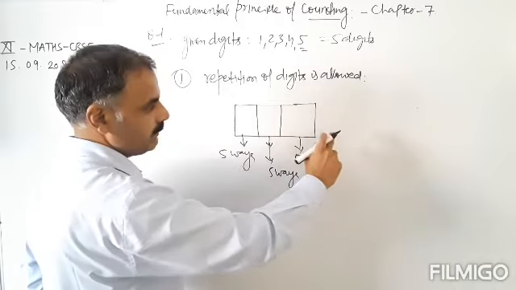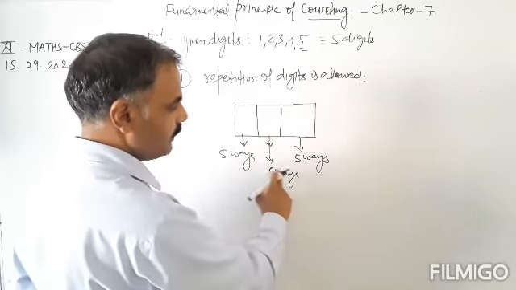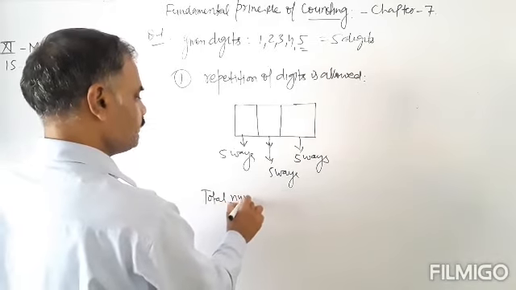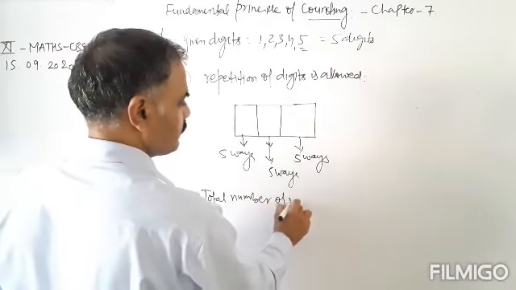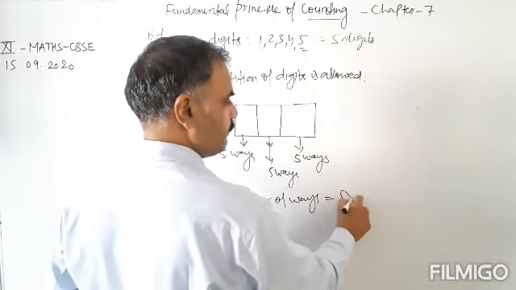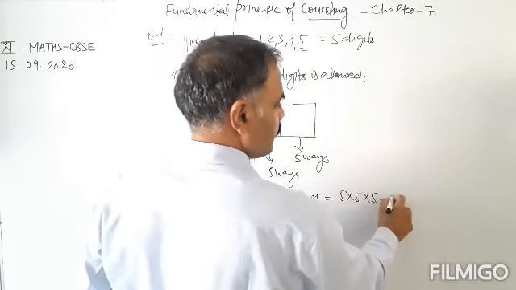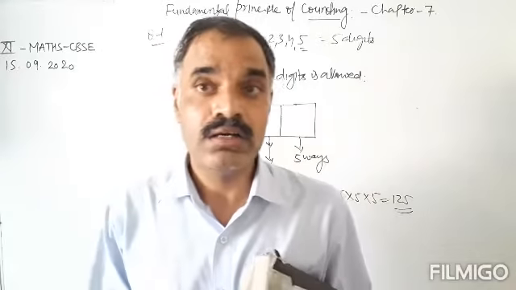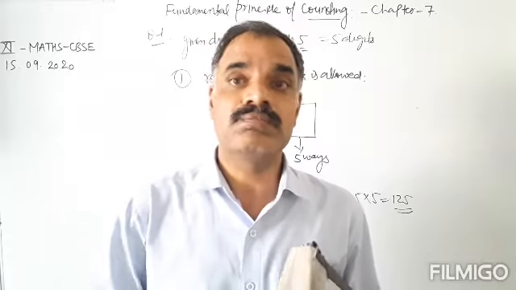So all three places can be filled in 5 ways, 5 ways and 5 ways. So the total number of ways when repetition is allowed equals 5 into 5 into 5, that is 125. This is the first part of question number 1.